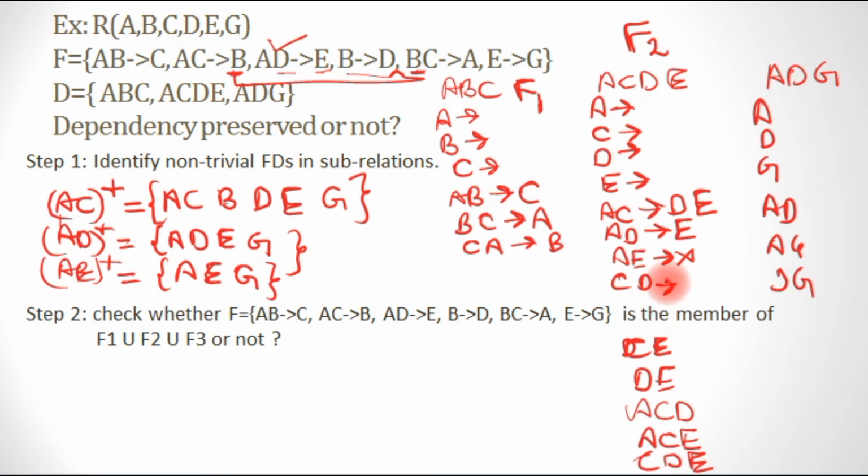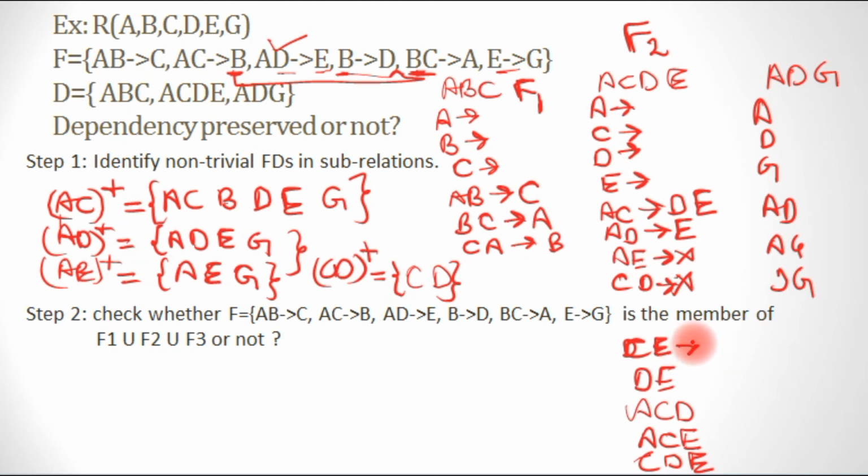Now CD determines what? Find the attribute closure of CD, that is CD. So CD and CD. Okay, that's it. CD does not determine any attribute A or E. Fine.